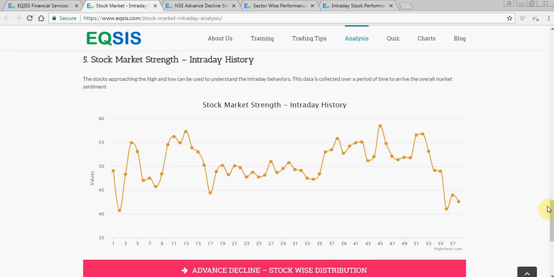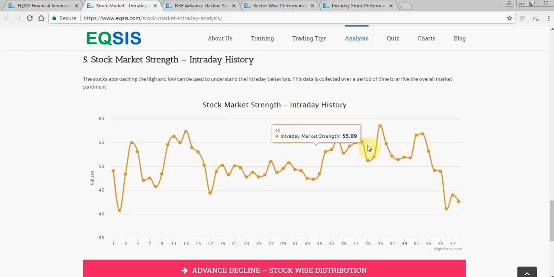How many stocks were advancing towards the high and where were the stocks positioned? Is it placed near the high? Is it placed near the low? Now look at this. Just like volume, you see this area has not taken out the previous top significantly, but the prices were doing really well, though not many stocks were advancing towards the high.